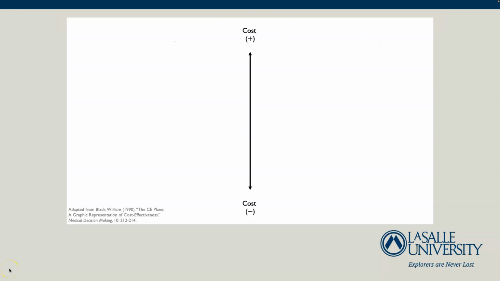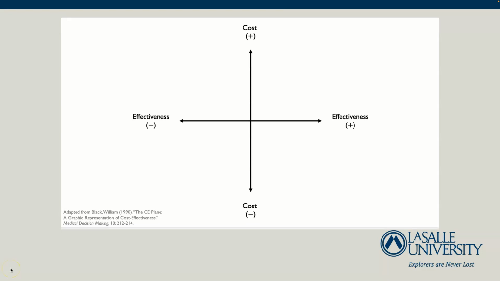We can show all four of these possibilities on the incremental cost effectiveness plane. Here we have the range of costs to be considered, where we're considering the incremental cost of the new treatment relative to the baseline treatment. And we can also look at the incremental effectiveness of the new treatment relative to the baseline treatment.